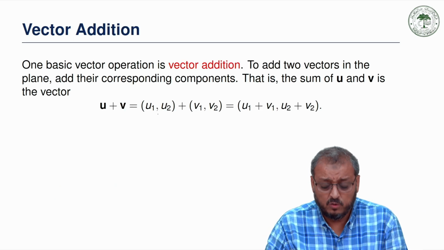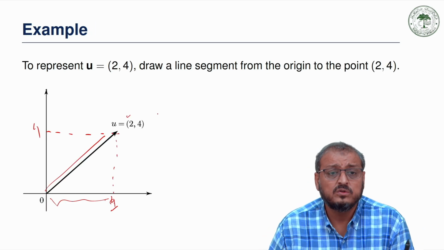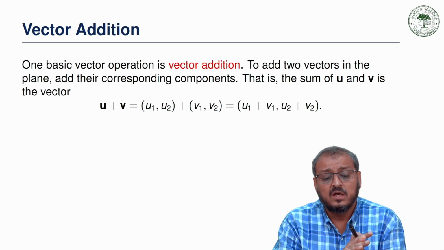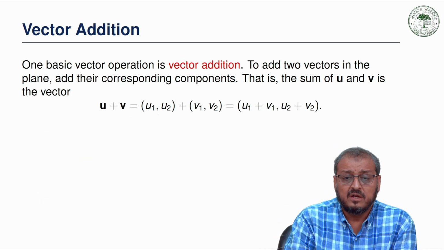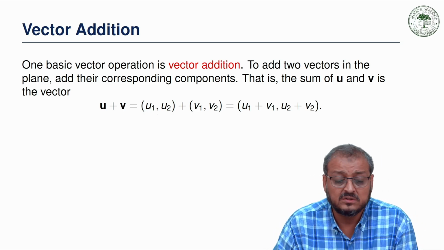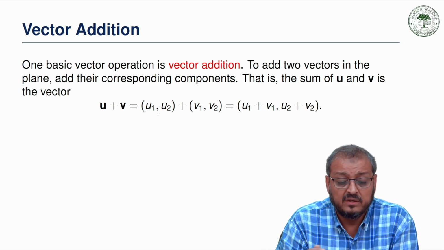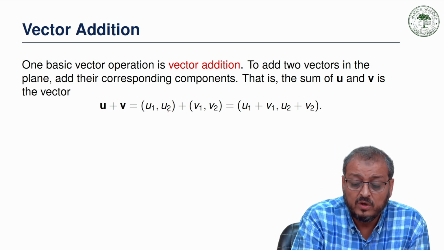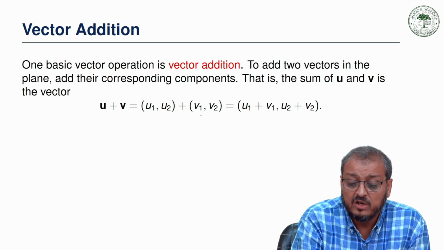Now, how do we add two vectors? A basic vector operation is vector addition. We can add two vectors in the plane by adding their corresponding components, that is, the sum of u and v, where u is (u1, u2) and v is (v1, v2).